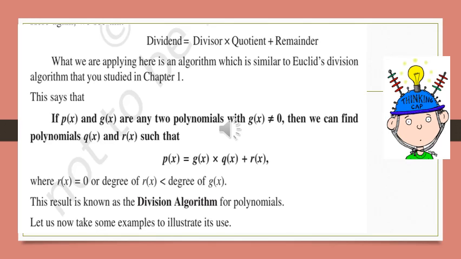Dividend equals divisor into quotient plus remainder. What we are applying here is an algorithm similar to the Euclid division algorithm, which we studied in chapter 1.